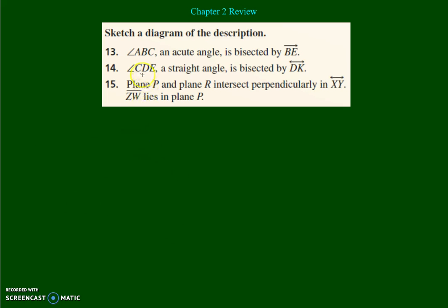For 14, we have angle CDE, which is a straight angle, is bisected by line DK. So we have a straight angle, so we're just going to draw a straight line here, and we have points C, D, and E. And this straight angle, CDE, is being bisected by line DK.